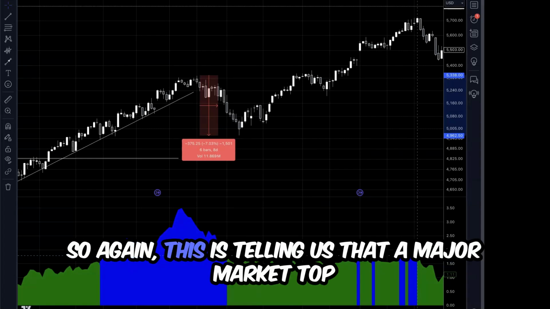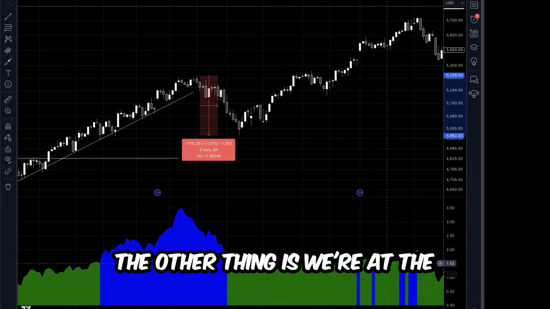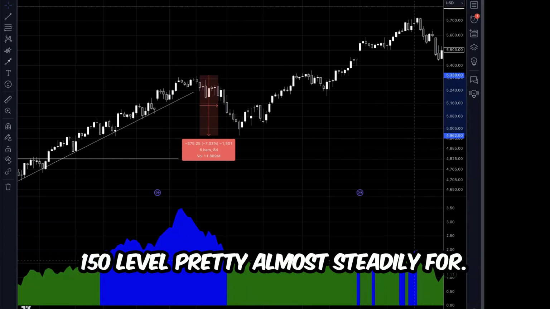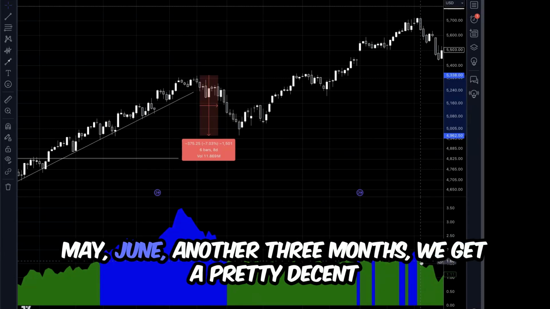So again, this is telling us that a major market top is available, even if we just printed 1 day of it. The other thing is we're at the 150 level almost steadily from April to our next top in July. So May, June, another 3 months.